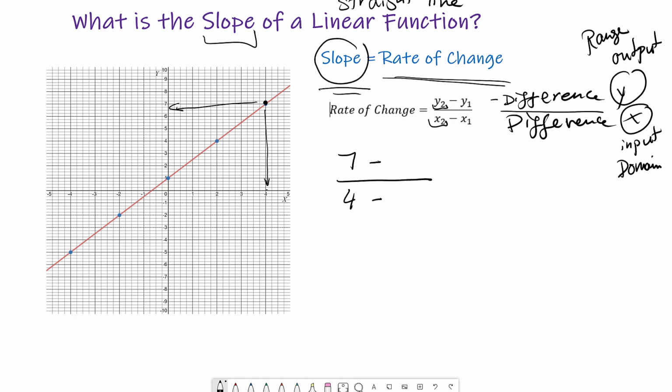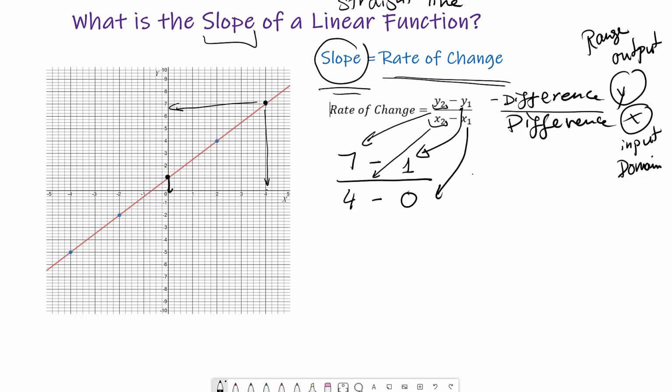Now what is going to be our second point? Let's look at the point when x equals 0 down here. So our x is just 0, and our y is 1. So this was y2, now y1 is going to be 1, and x1 is going to be 0. I don't want this to be confusing. That is the y, that's the x, and that's x2.